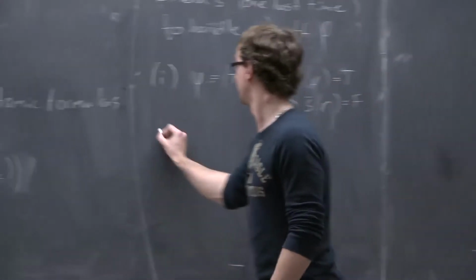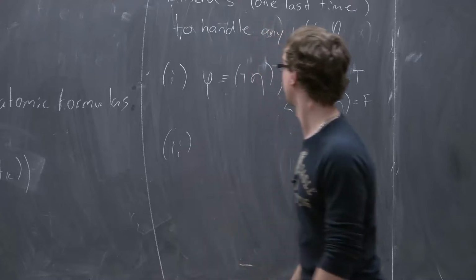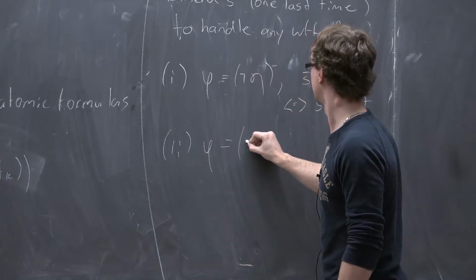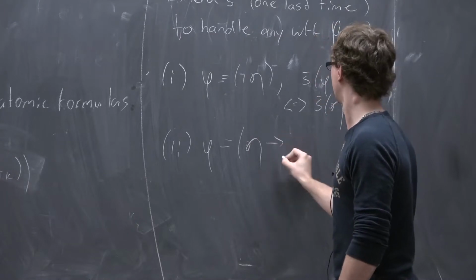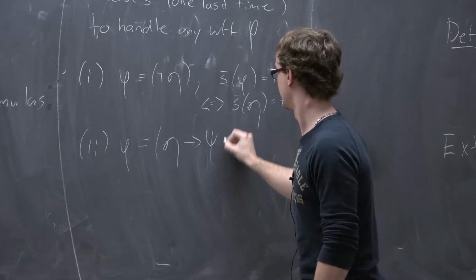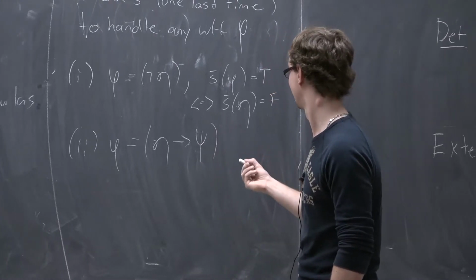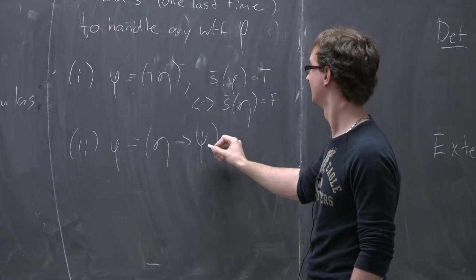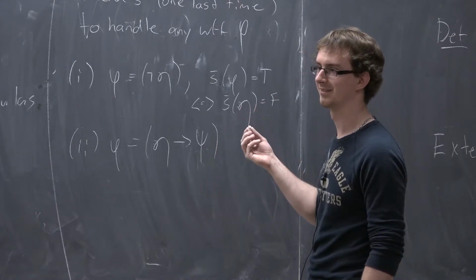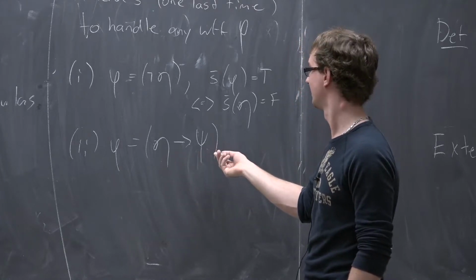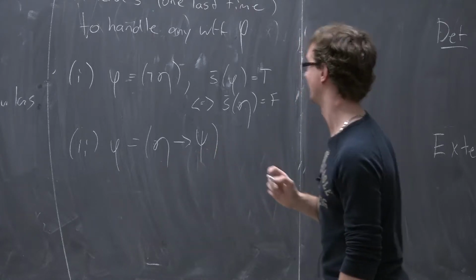And similarly, we've got the other cases where we can write it as, running out of letters. What's that letter again called? No, this is eta, this is psi? Psi, yes, thank you.